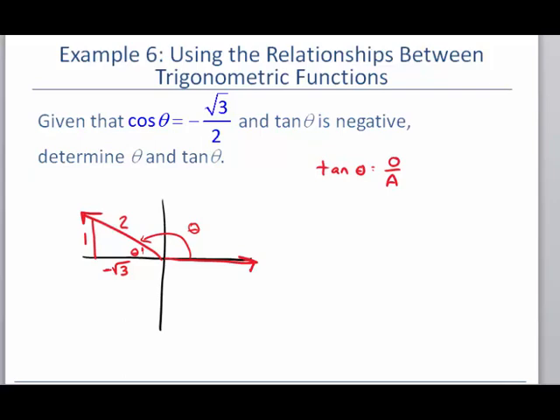And so our opposite side is 1, and our adjacent side is negative square root of 3. We would need to rationalize that, so we'll multiply top and bottom by square root of 3, which is going to give me a square root of 3 over 3, and we have a negative. So negative square root of 3 over 3 is our tangent value for theta.